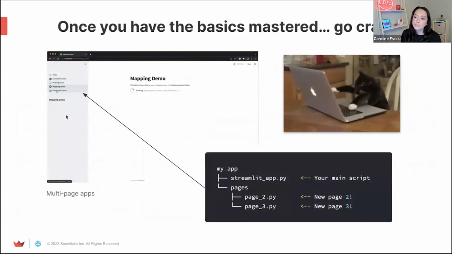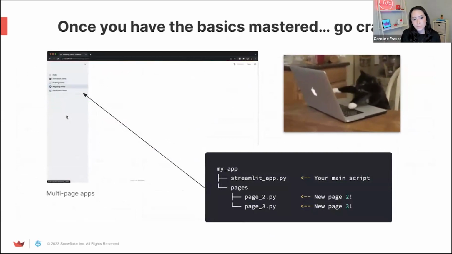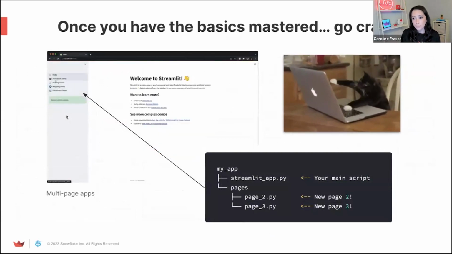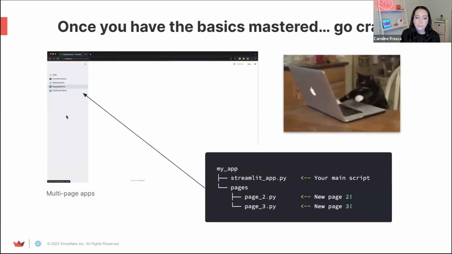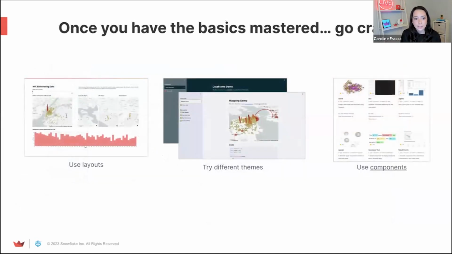And once you have the basics of Streamlit mastered, there are tons of ways to take your apps to the next level. Multi-page apps are a great way to build more complex apps with multiple sections. Features like st.columns and st.container make it really easy to organize your app's layout. And custom themes are a great way to control the colors and even some of the basic fonts that you're using in your app.